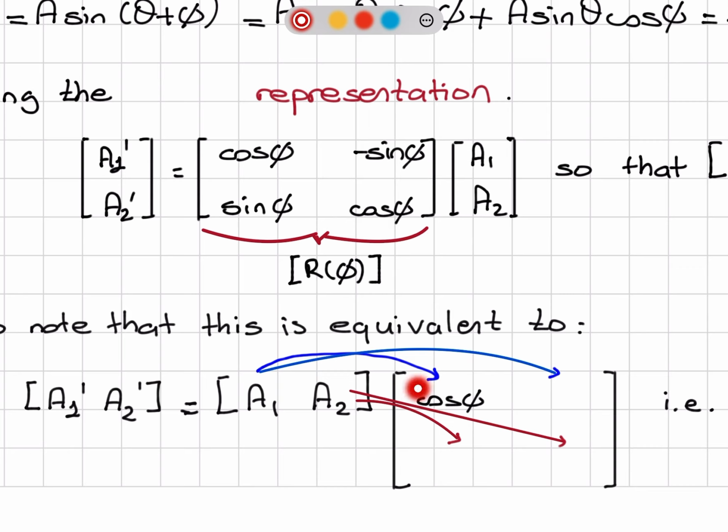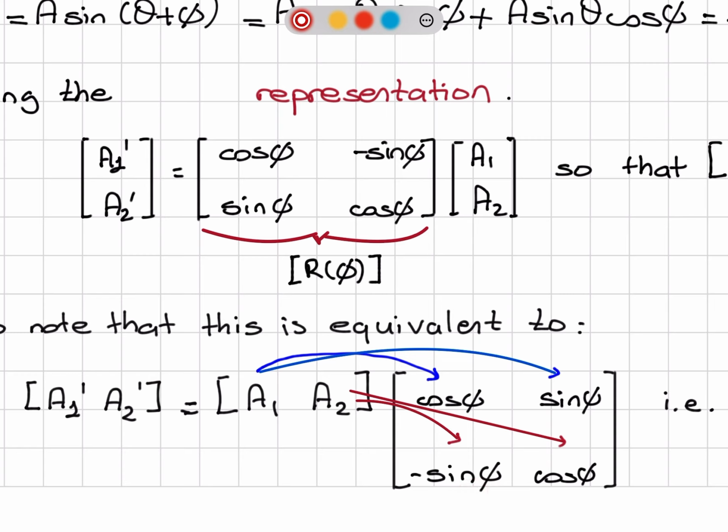So A1 times cosine phi, and then I have A2 times minus sine phi, and A1 times sine phi plus A2 times cosine phi is A2 prime.